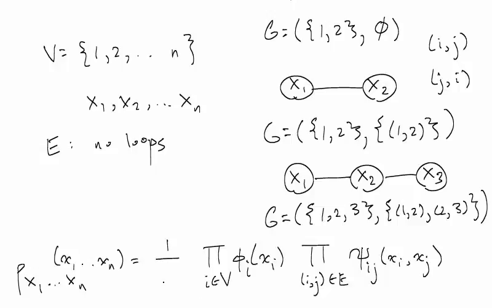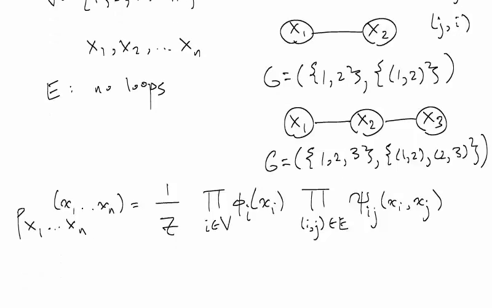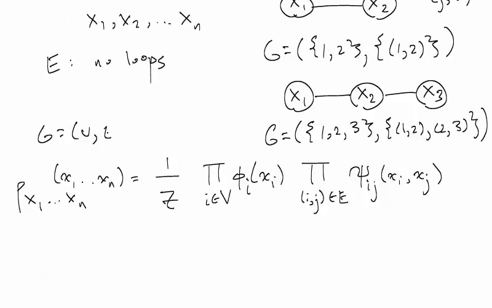Finally, we're going to have this normalization factor z. This constant z just ensures that this probability table actually sums to 1. So given a graph G = (V, E), and the tables phi i's and psi ij's, we immediately get what the joint probability table should be by this formula.